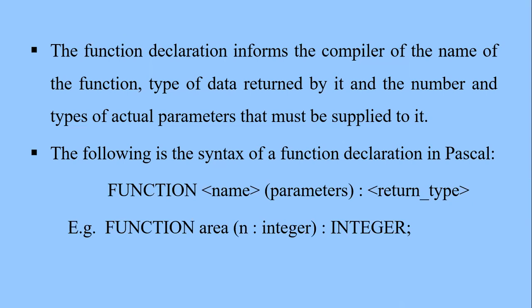So it has a single parameter. And this function is going to return a value of type integer. So n:integer closed in parentheses, that is the parameter. It is the holding place, a location that will hold the value that is going to be received from the calling function. And the value that this function called here will return is integer.